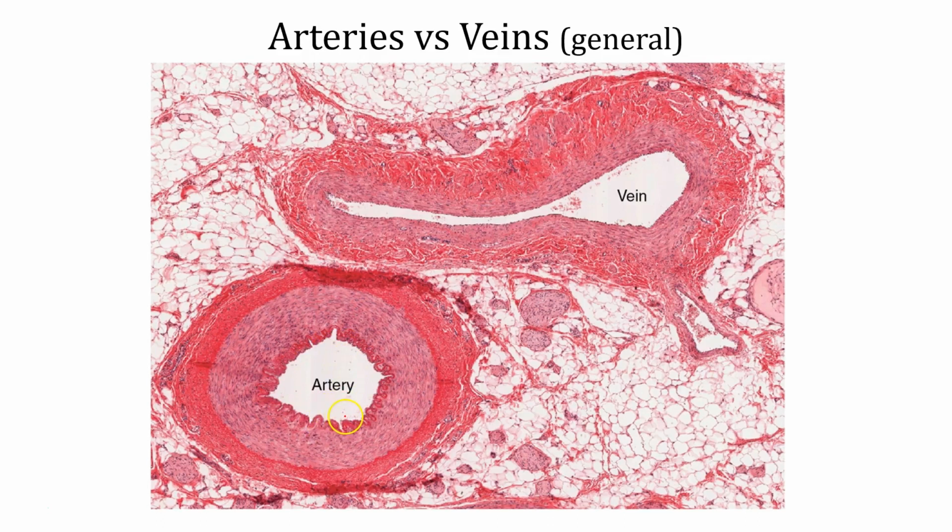What's also interesting is that while there is blood passing through the artery and through the vein, typically there's a lot of connective tissue here in the tunica intima, which doesn't really allow blood to get from the lumen of the vessel into the tissue surrounding the vessel.